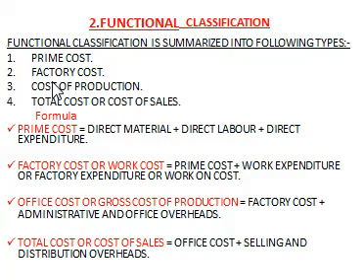Another functional way of classifying the cost, we have the prime cost. When we talk of the prime cost, we specifically mean the direct cost. So if we get direct material plus direct labor plus direct expenses, then we get what we call the prime cost.